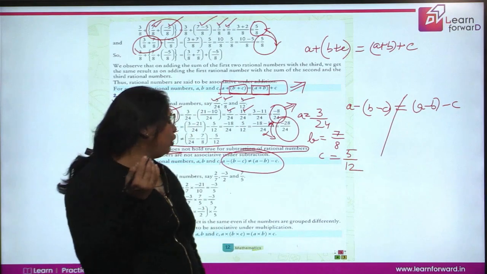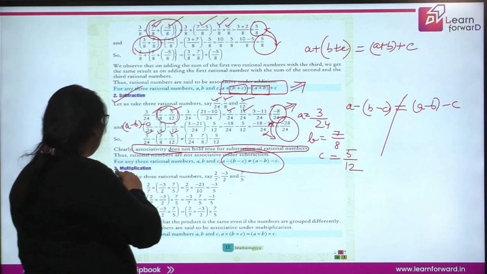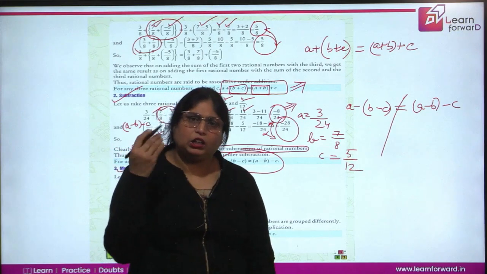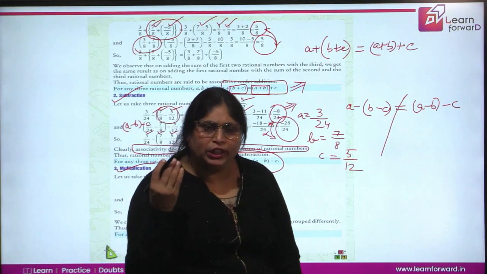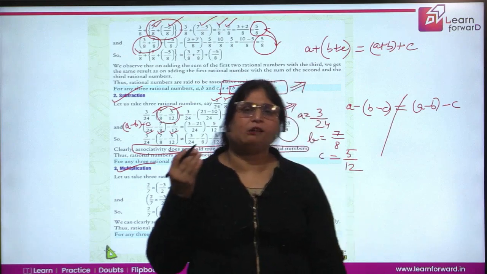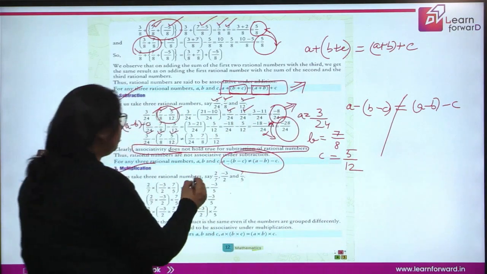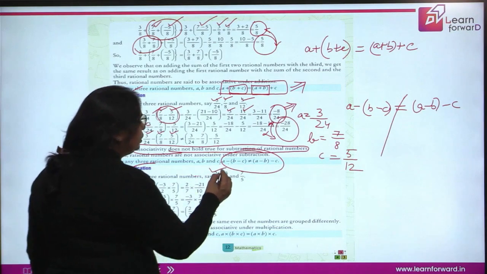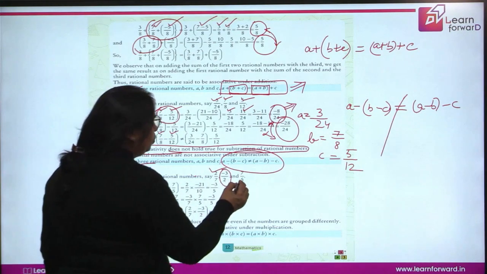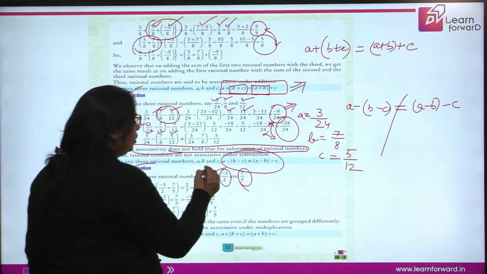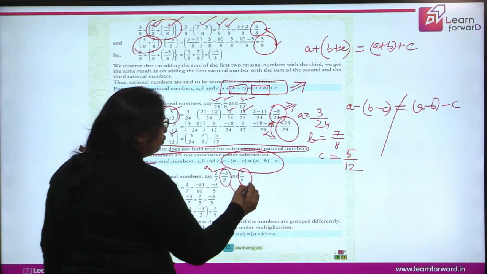Now we are moving to the associative property for multiplication of rational numbers. Again, as we have taken 3 examples, we have to take 3 examples of rational numbers. In this case also, my first number is 2 upon 7, second one is minus 3 upon 2, third one is 7 upon 5. This is my A, this one is B, and this one is my C.